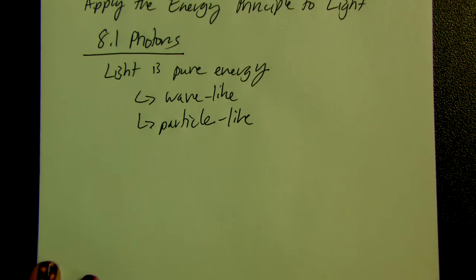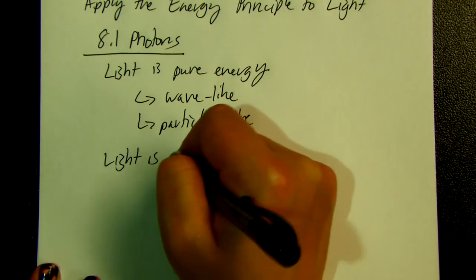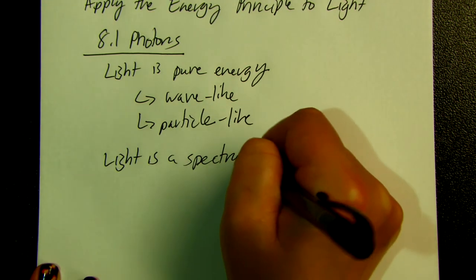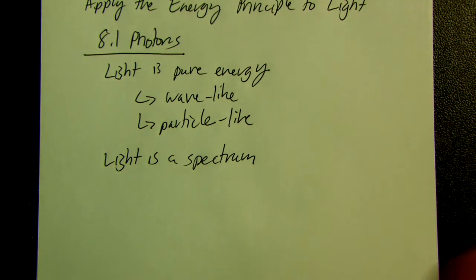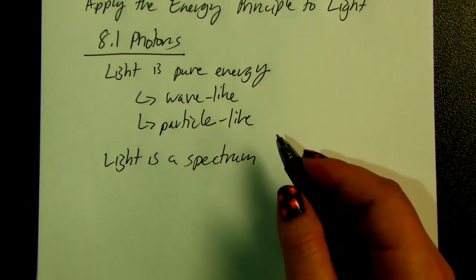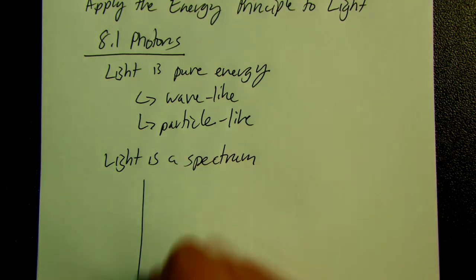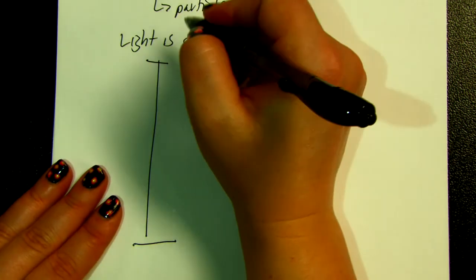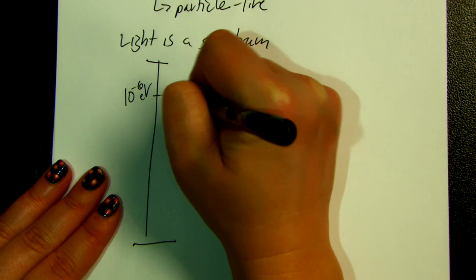So in physics, when we talk about light, we talk about the whole spectrum. We see energies on the light spectrum within a particular range, but it's much broader than that. So let's look at the energy spectrum for light in terms of eV. We can start out here. We've got 10 to the minus 6 eV. These are radio waves.